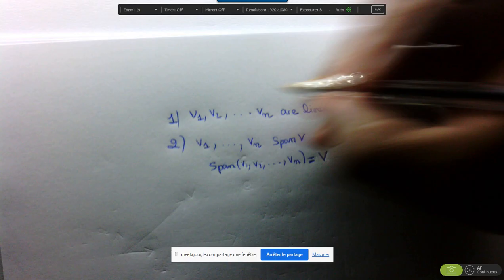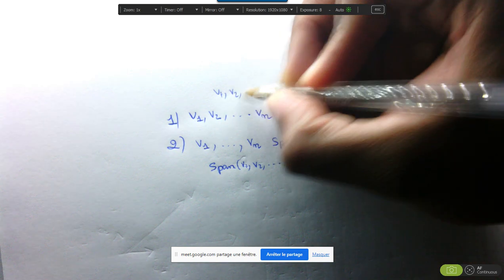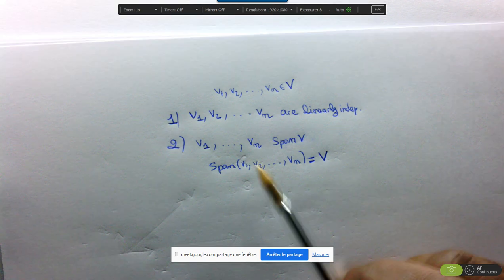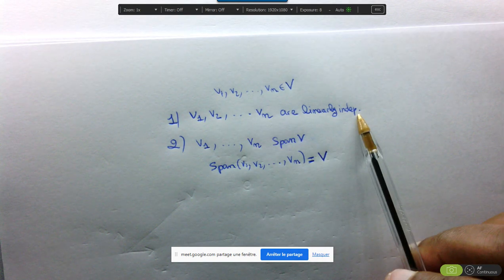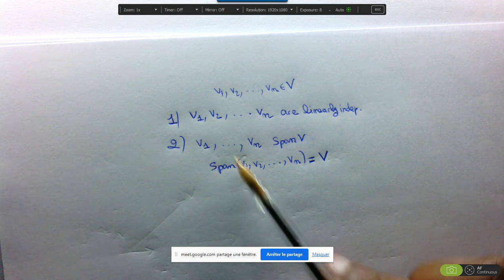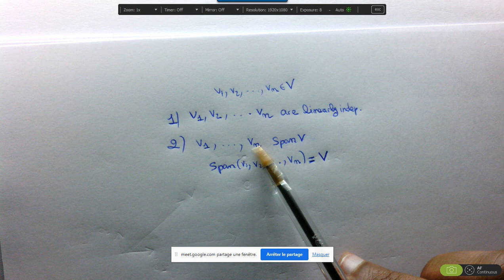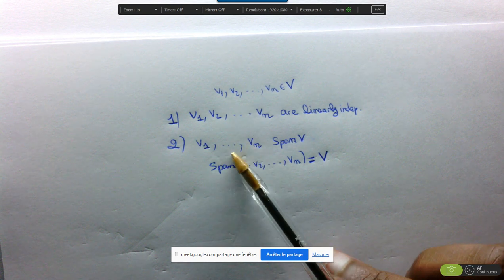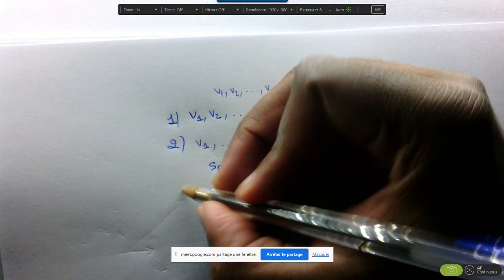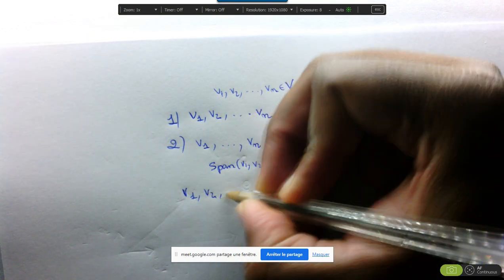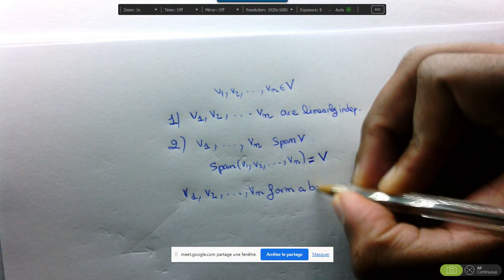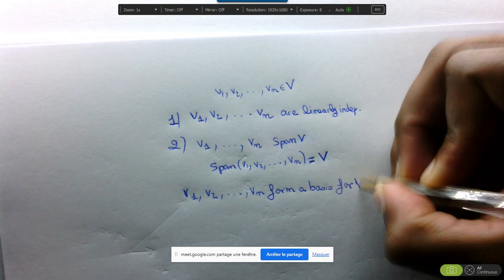So suppose that you have v1, v2 all the way to vn being elements of a vector space v, and they are linearly independent, and the span of v1 through vn, the set of all of the possible linear combinations, is the entire vector space. Then you say that v1, v2, all the way to vn form a basis for the vector space v.